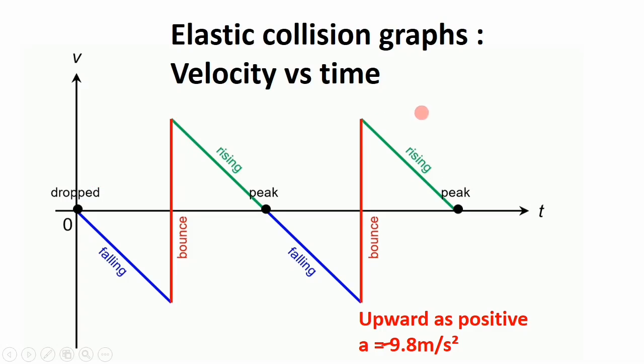Let's interpret this graph and draw what's probably going on here. This is the case whereby we have a ball that is thrown maybe from on top of a building. It goes all the way down, hits the ground, and when it hits the ground, it bounces off and reaches the same height from which it was released, because remember, this is an elastic collision.